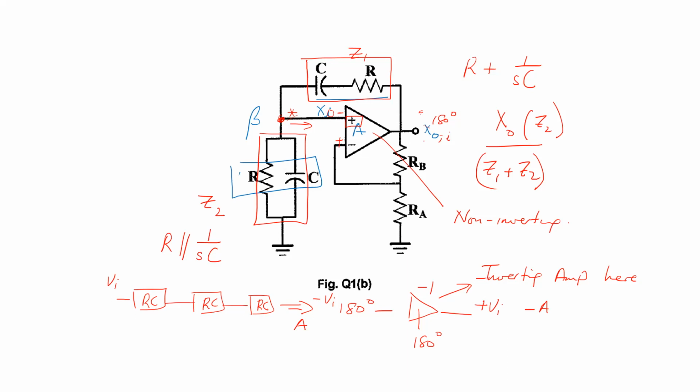So, in summary for that particular point, if the phase shift network is not giving you any inversion, so the signal coming out of the phase shift network is in phase with whatever goes in, then you're using a non-inverting amplifier. You'll have to compensate for the gain and that kind of thing.